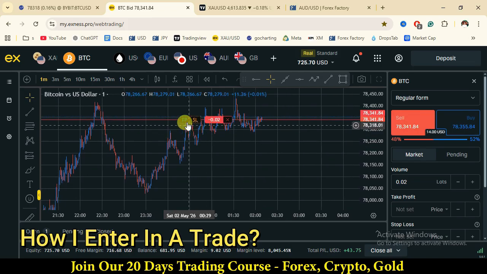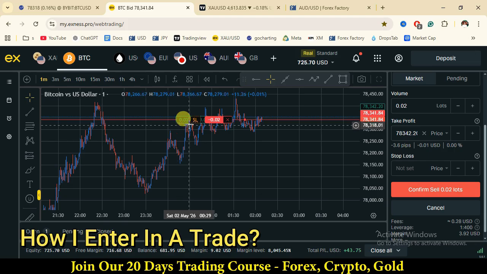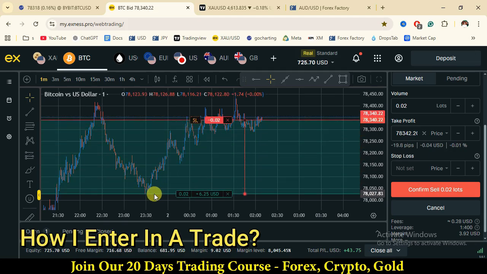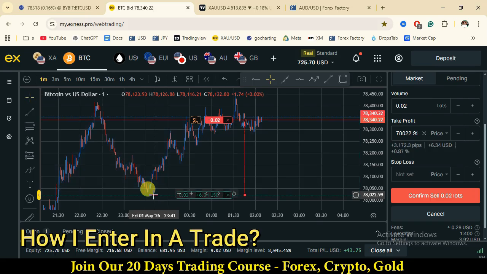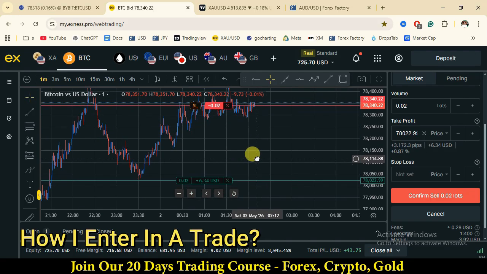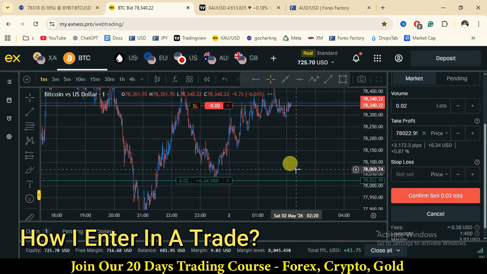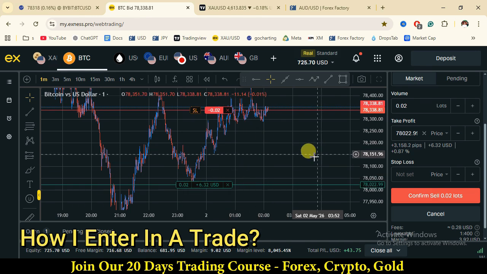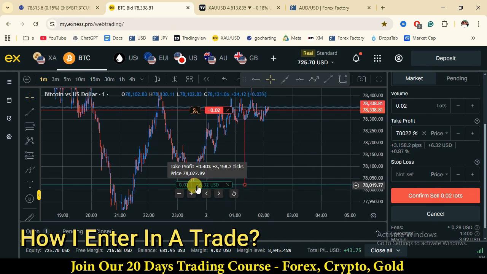If I enter a trade with $4 and in my analysis the market will go down, you open the chart next day and you will see the market hit this level.